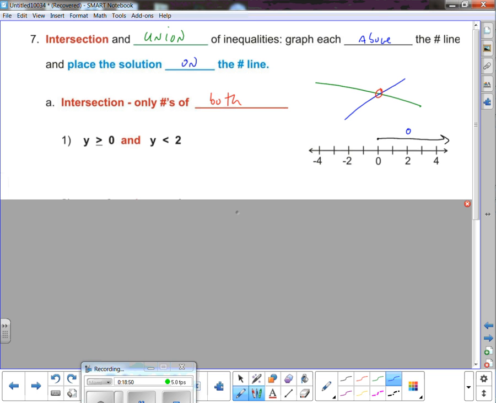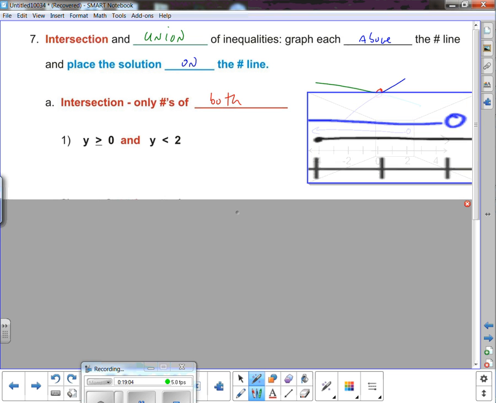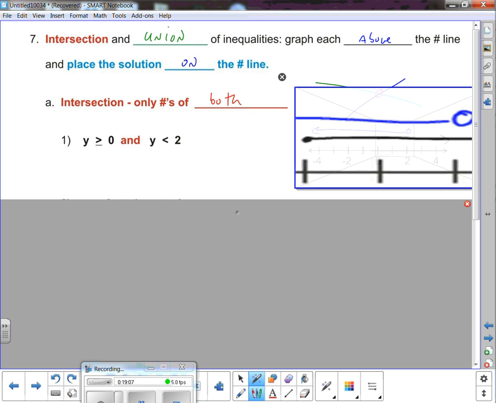Circle over the 2, arrow to the left. Now, what do they have in common? Well, look, it's this part right here, that's the part where you see both lines, where you see black and blue.